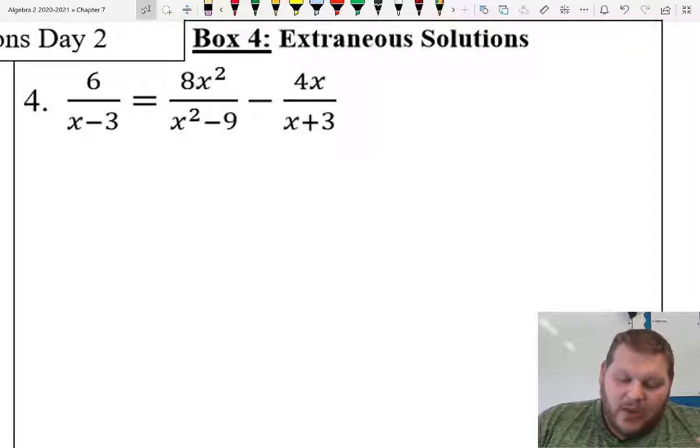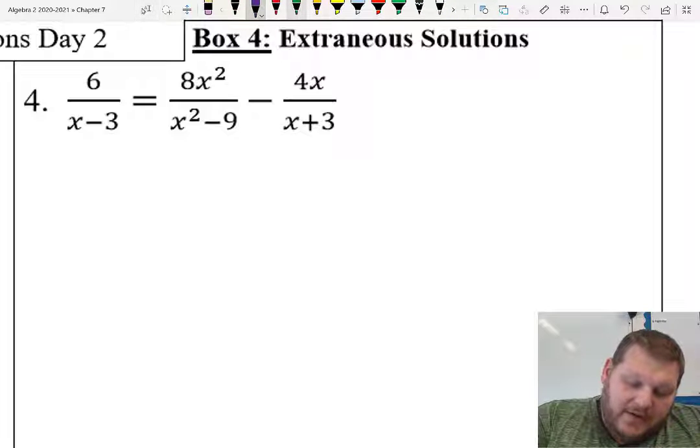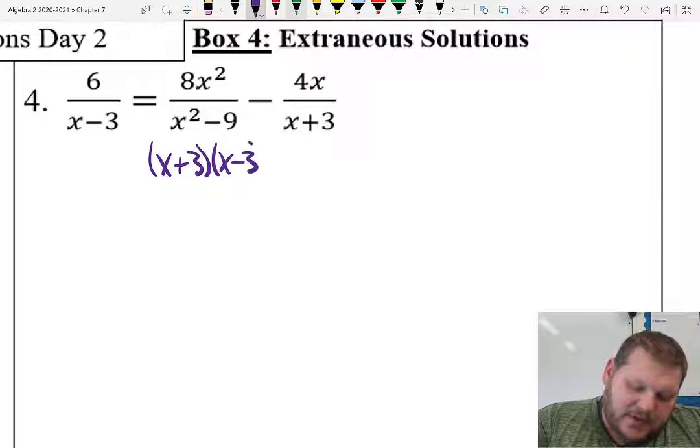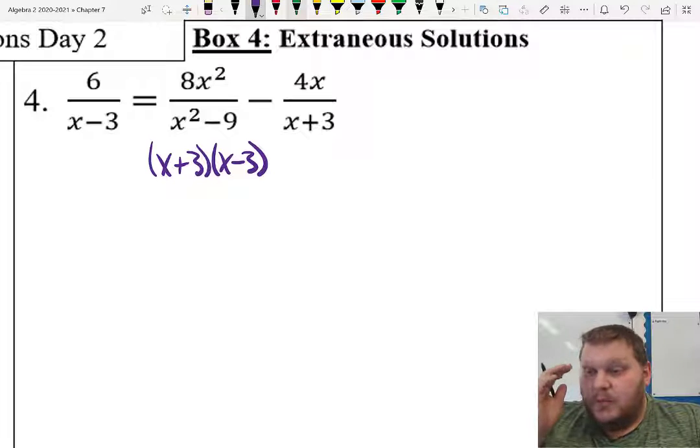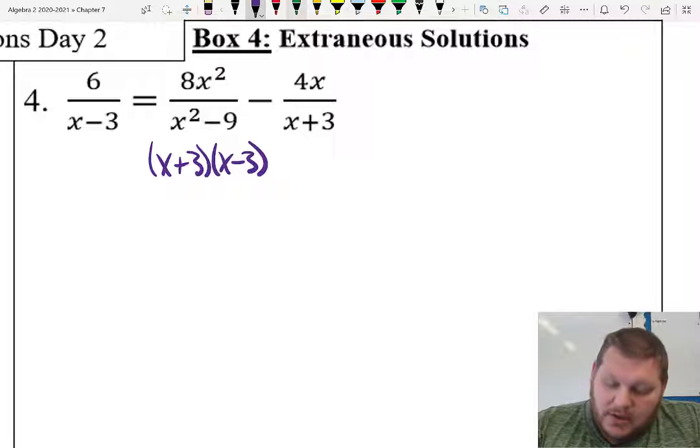So, for this last one, in number 4, I have to start by factoring out everything that I can. This is the first one I've had to factor. x squared minus 9 is x plus 3, x minus 3, which we can see are the only two factors that show up in my equations at all.